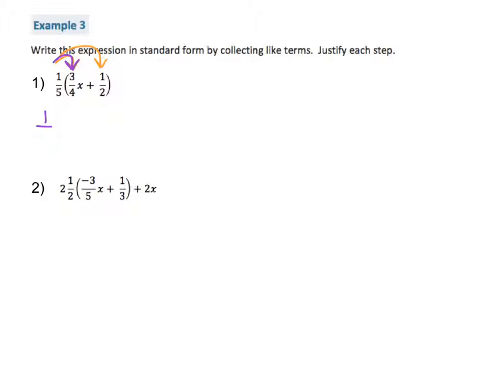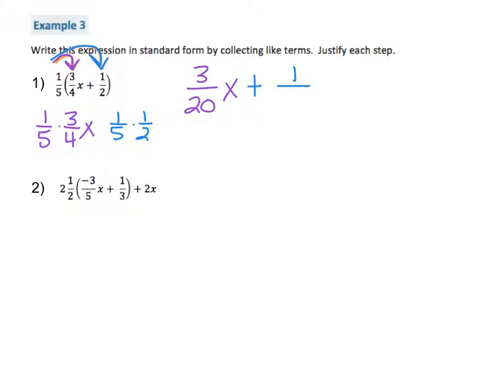I am taking 1/5 times 3/4 x. Well, if I multiply straight across, that gives me 3/20 x. My second arch in blue is 1/5 times 1/2. That gives me a positive 1/10. Those are not like terms, so that's my final answer.